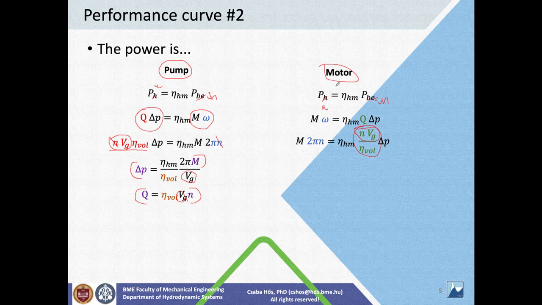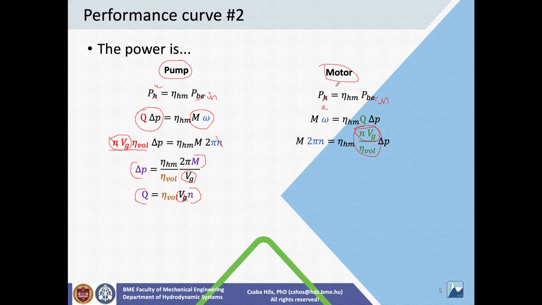Now let's consider the case of the motor. Let's assume that you think that if you push 30 liters per minute through your motor, then the revolution number will be 3000 RPM. So these are the theoretical values, okay? 30 liters per minute, 3000 RPM. Now, because of the leakages, your true revolution number will be lower. So not 3000, let's say only 2800.